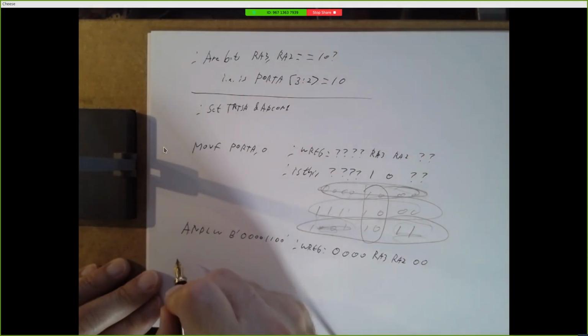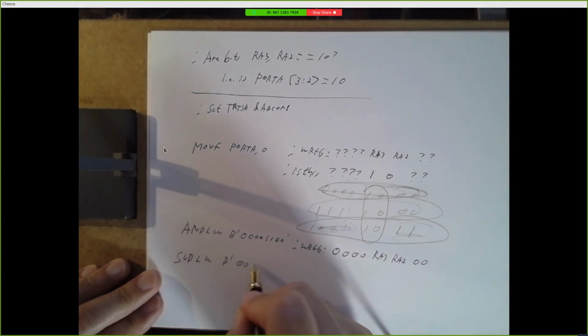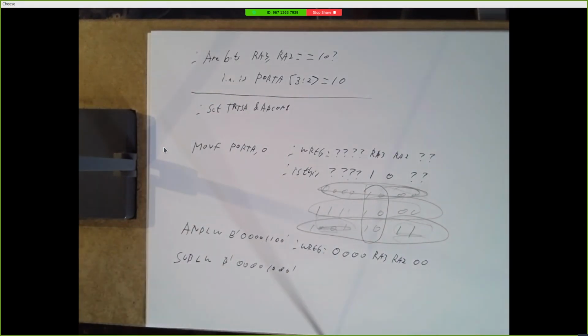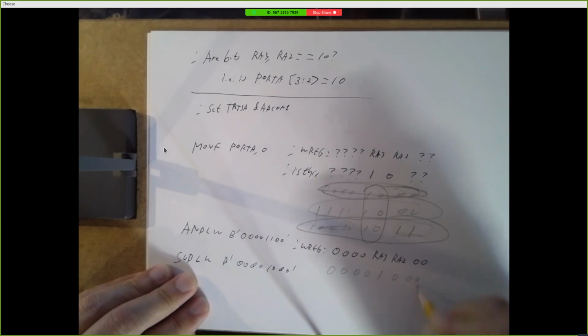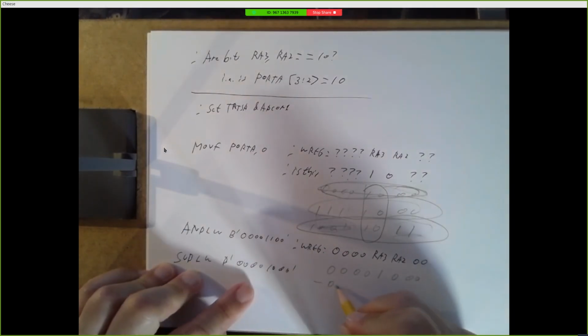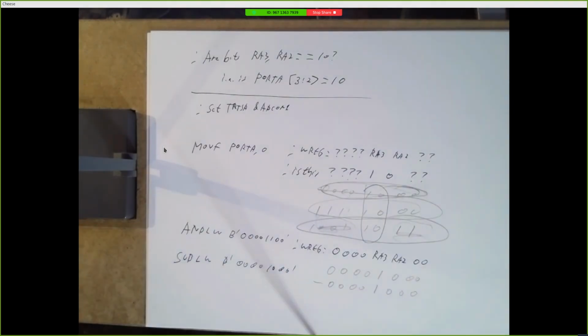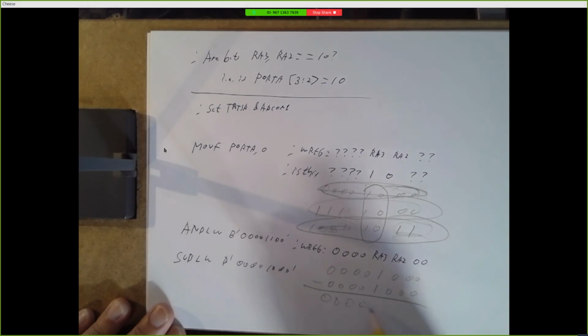So now if I say something like subtract literal from W, and I subtract that pattern, if it turned out that W-reg was equal to this, and I subtract this bit pattern, I'm going to end up with 0.